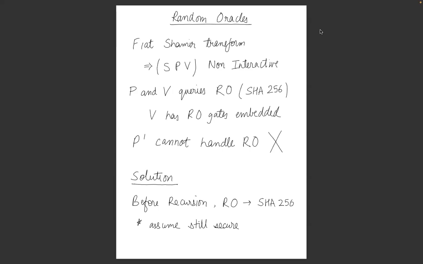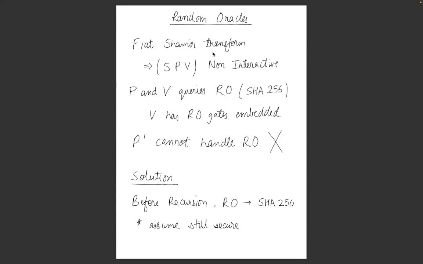So to convert an interactive proof system into a non-interactive proof system, we use the Fiat-Shamir transform. What the Fiat-Shamir transform does is replace the interaction between a prover and verifier with a random oracle.